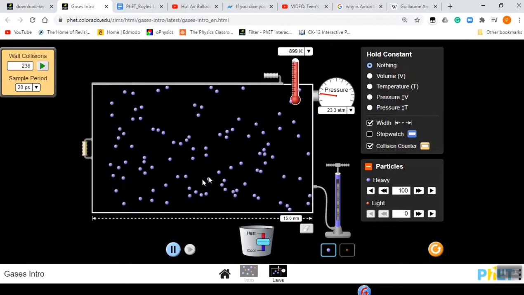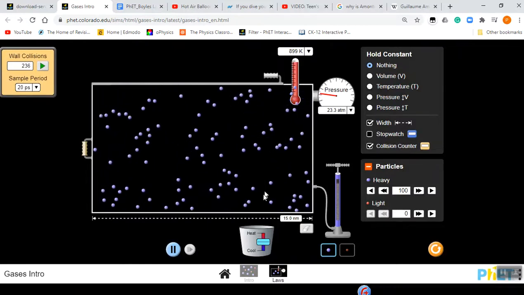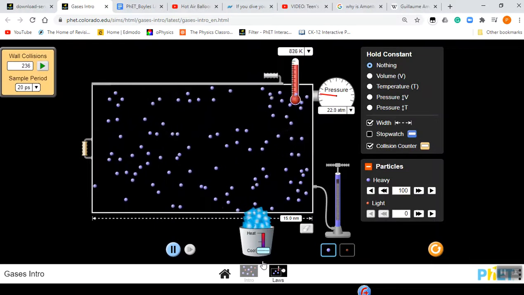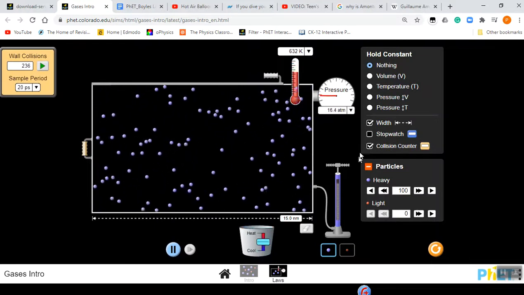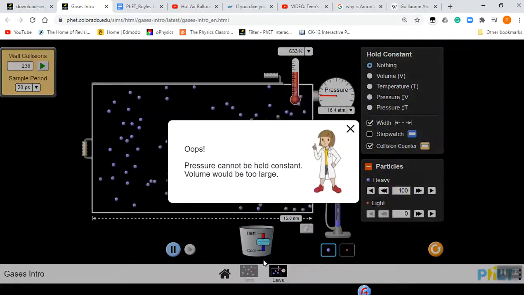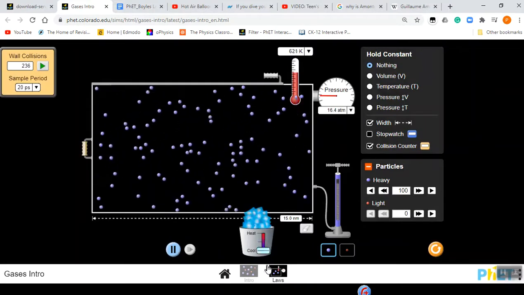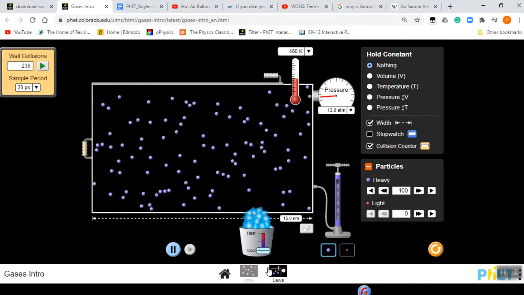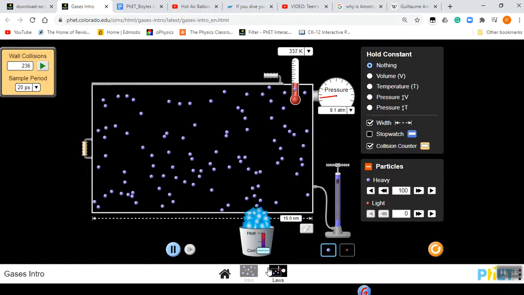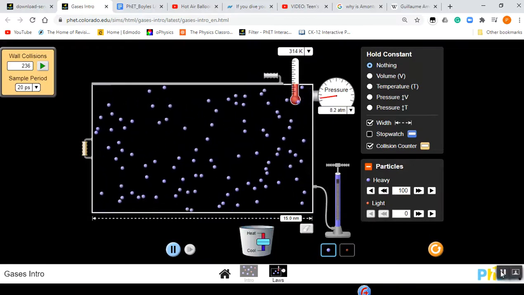So to keep the amount of collisions the same, we need to increase the volume. When we make it colder, we will decrease the volume.